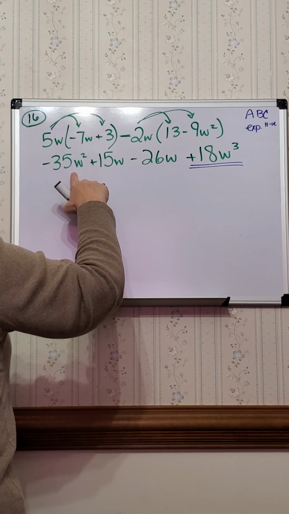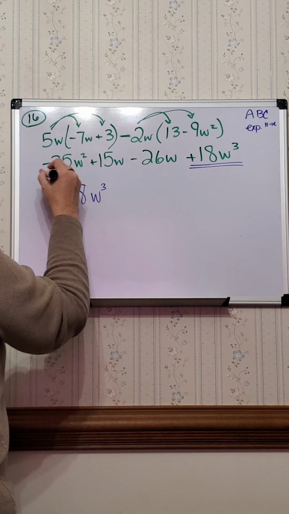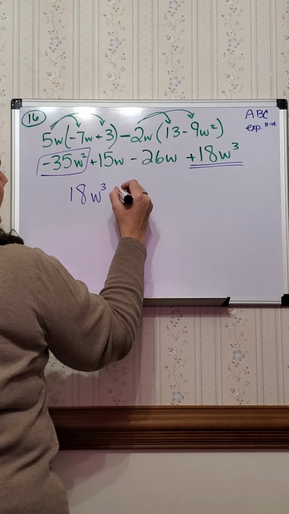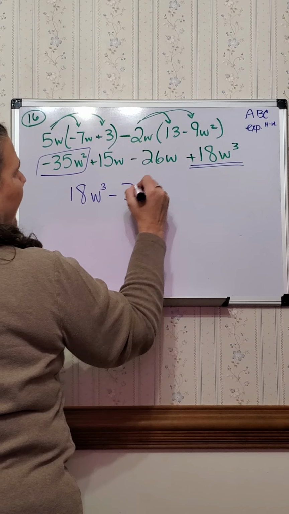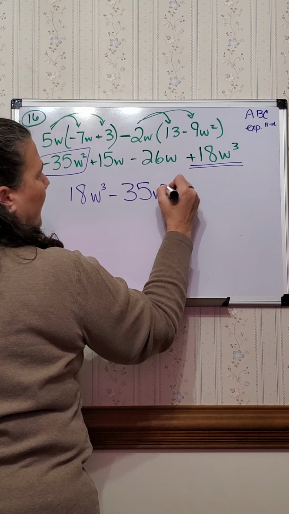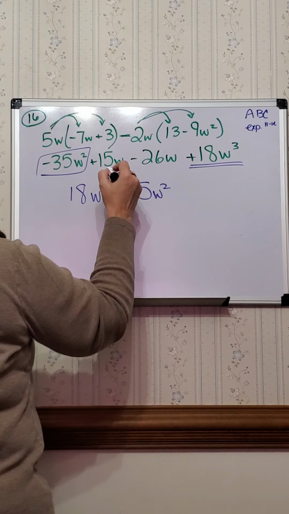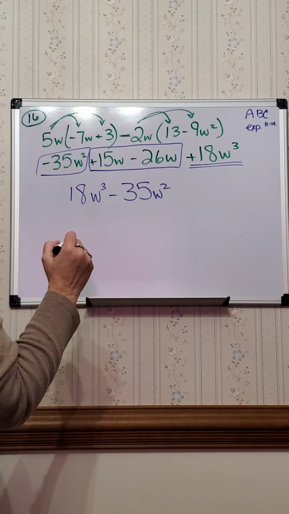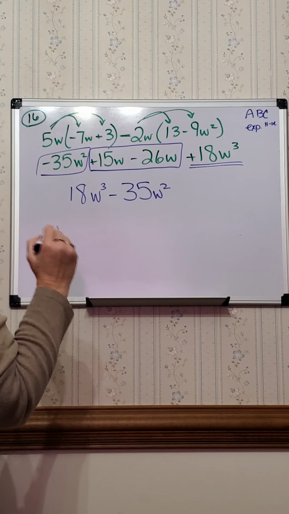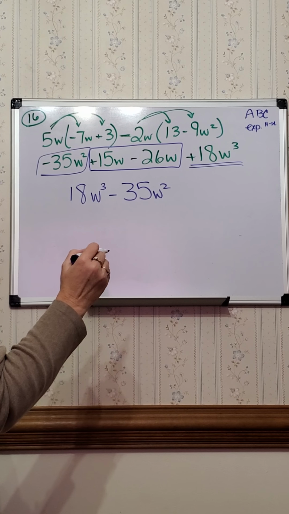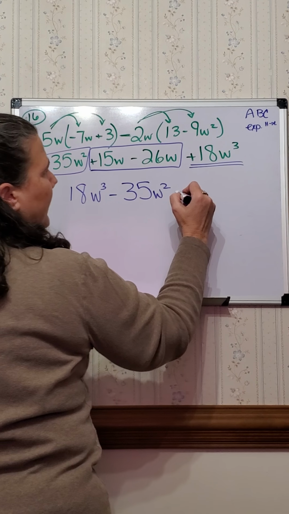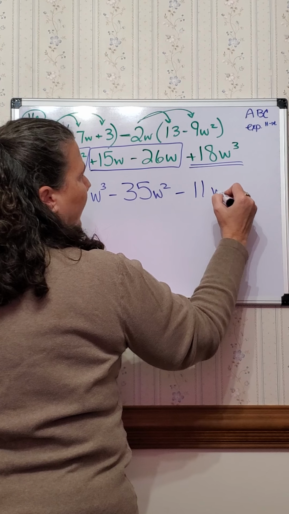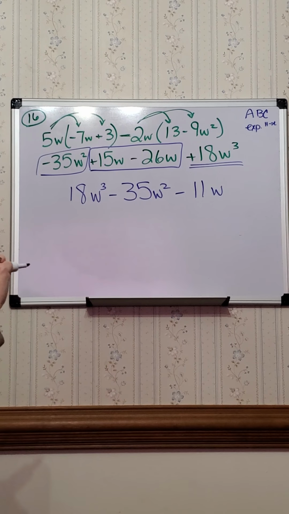So now I've got w squared, so I'm going to bring this piece down. I don't have anything I can combine with that. But for my w's, notice these are like terms, so I can go ahead and combine those like terms. A positive 15 and a negative 26 is going to give me a negative 11w. So there's my answer written in the correct form.